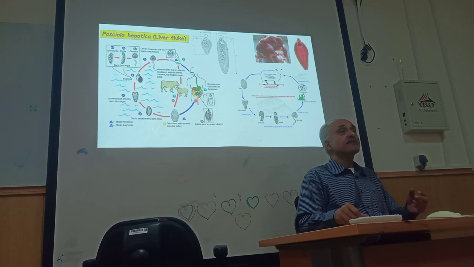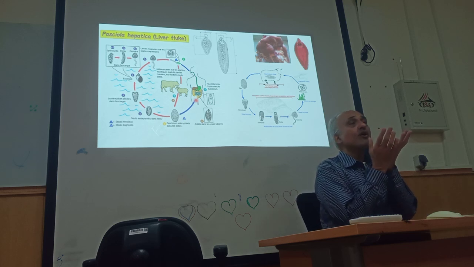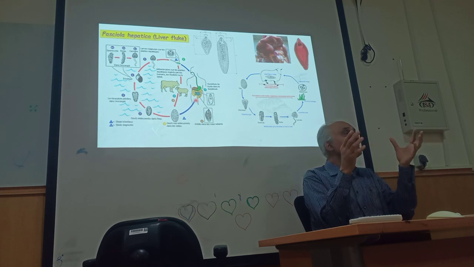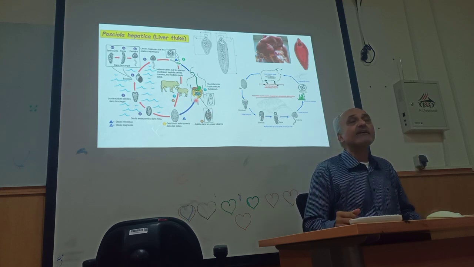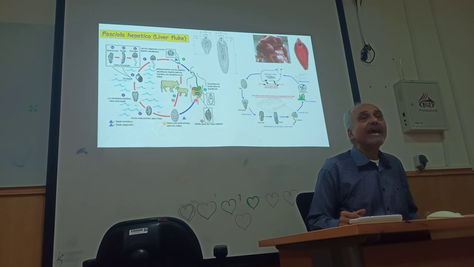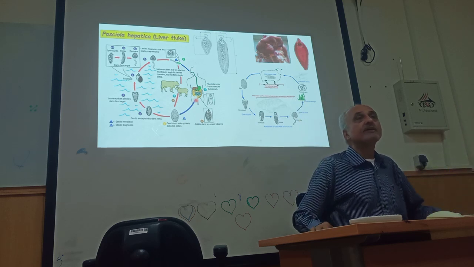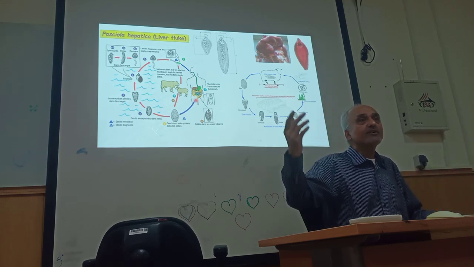And the important point is that the adult worms are living in the bile ducts and in the parenchyma of the liver and in the gallbladder, and the eggs are passing through the feces, of humans and animals, no difference, into the environment.